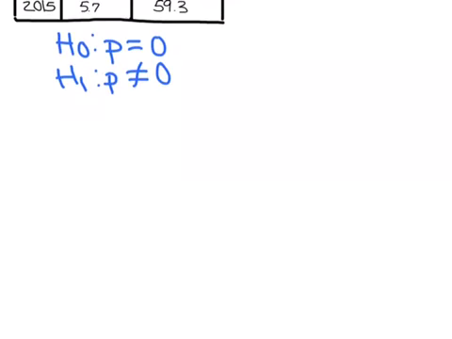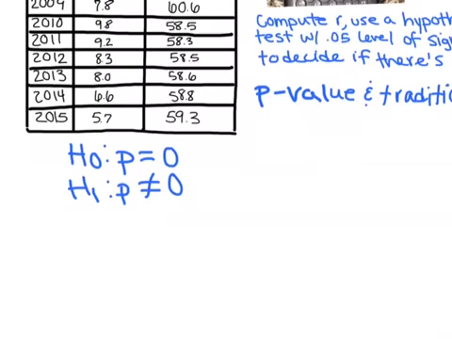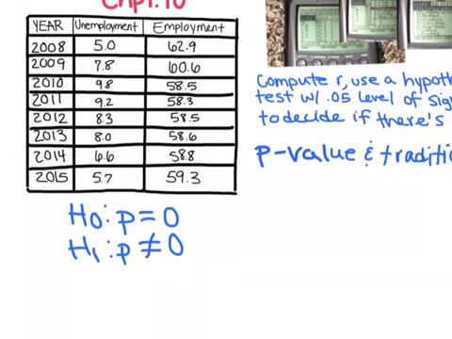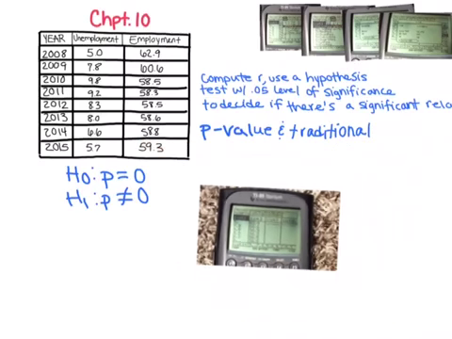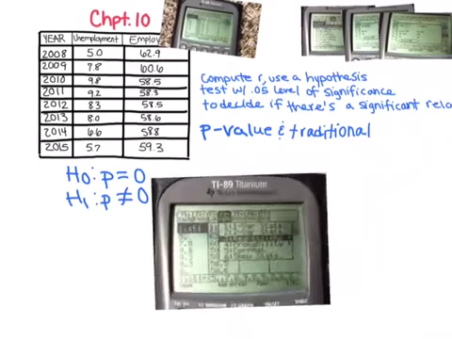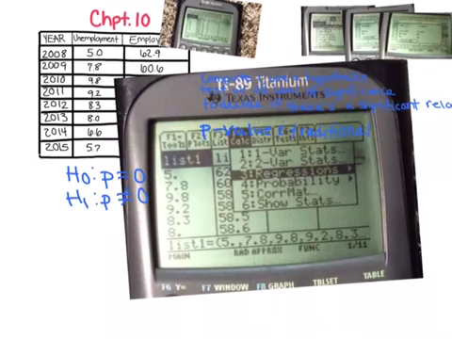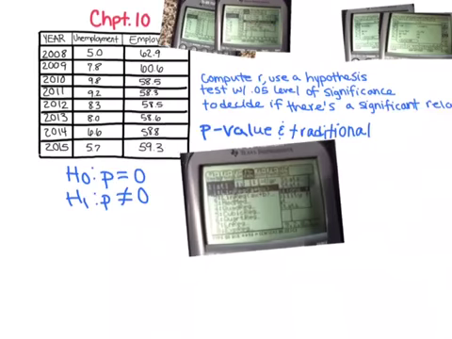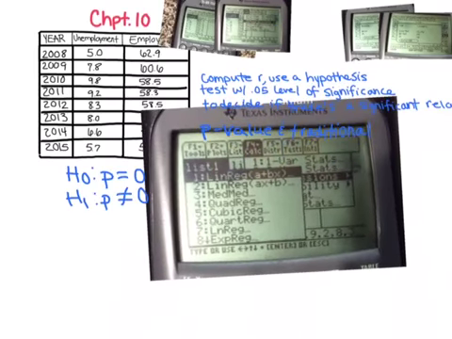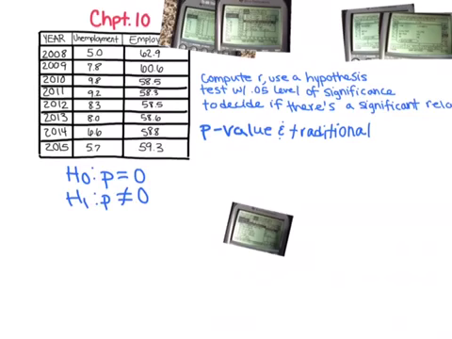And then you need to find R. First you have to go to the Stat List Editor and enter the data into list 1 and list 2, which you do on your TI-89. Once you've done that, you go to F4 and scroll down to 3, which is regressions, click that, and click the first option, which is LinReg, and hit enter.